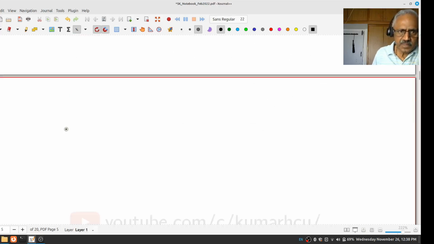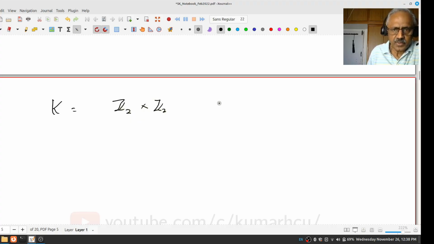Right? Now let's look at a third group K, which is Z2 under addition and Z2 under addition. Therefore what are the elements? The elements are (0,0), (1,0), (0,1) and (1,1). These are the only elements, right?